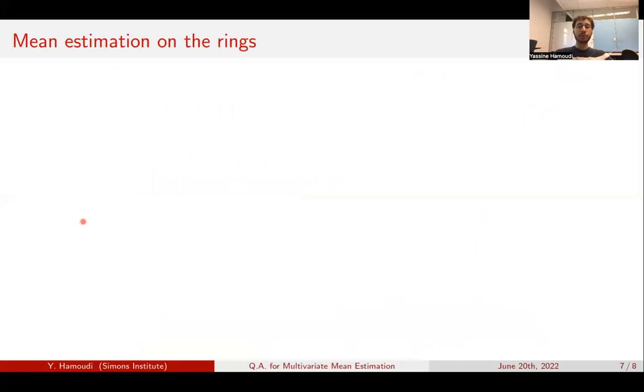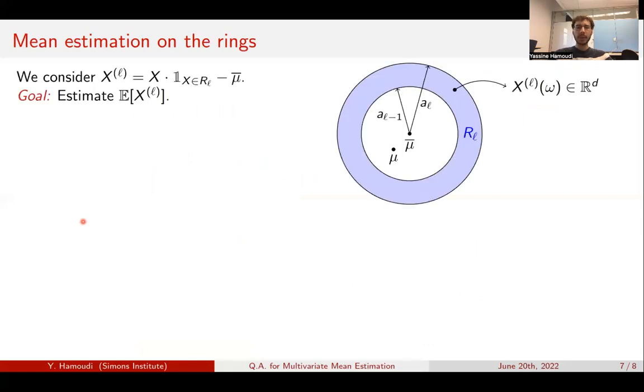And now let me move to the last step of the algorithm, which is estimating the expectation restricted on each of the rings defined according to the quantiles we just computed. So let's focus on a particular ring, because it will be the same operation applied on each ring separately.